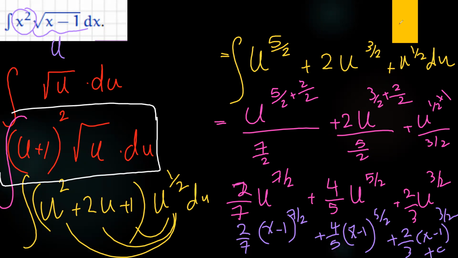We need now to integrate it, but we can multiply them. We simplify it as u squared plus 2u plus 1 times u to the power half. Then I will distribute u to the power half by multiplying it by each term to get this answer here.